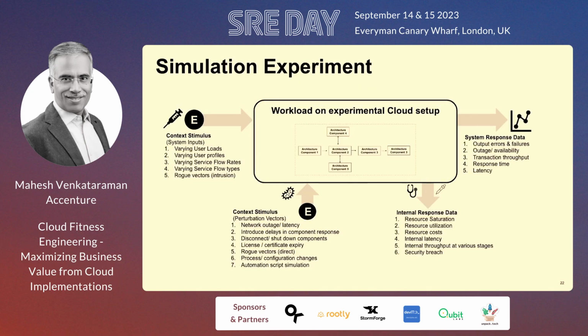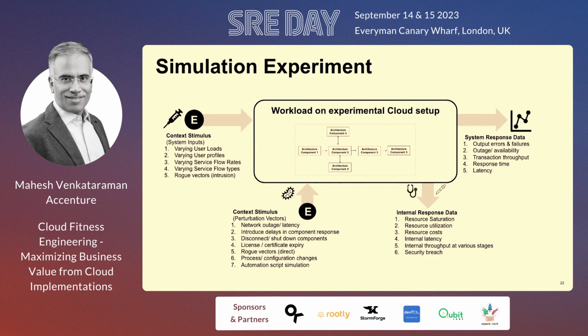Now, the experimental setup here is, you have context stimulus, you have various load profiles, a combination of load and fault vectors, a combination of threat vectors, fault vectors, and load vectors. And then you can have all those experiments. We call it the chaos kitchen. And then you check the internal response data. You can use the RED model or the USE model.